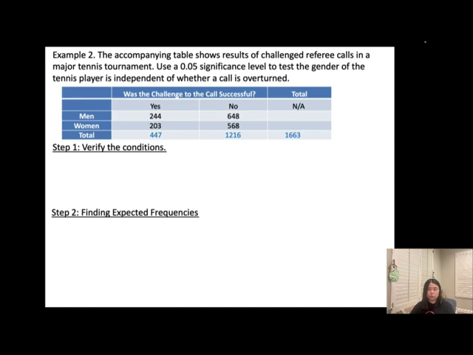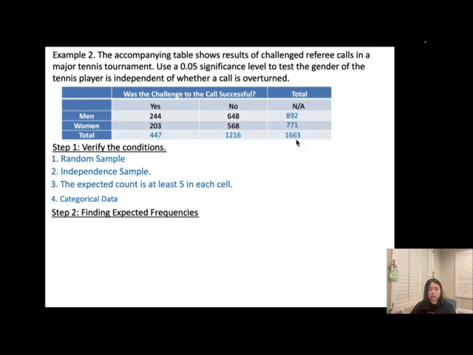Okay, check your work. Verify the conditions. So simple random, independence, expected count is 5. So should be good, right? Because the grand total is 1,663. And then categorical data.